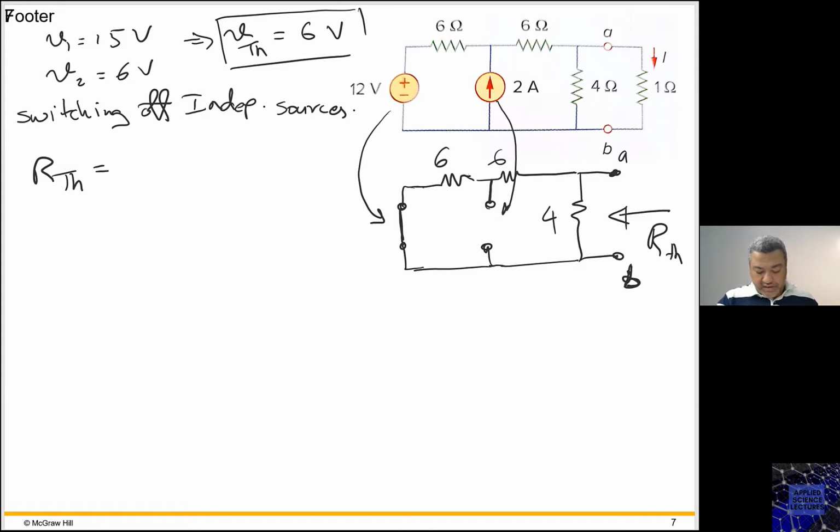So 6 and 6 in series. Wonderful. So I'll do it in steps so you don't get confused or you see the bigger picture. Always remember the terminals that you are looking at.